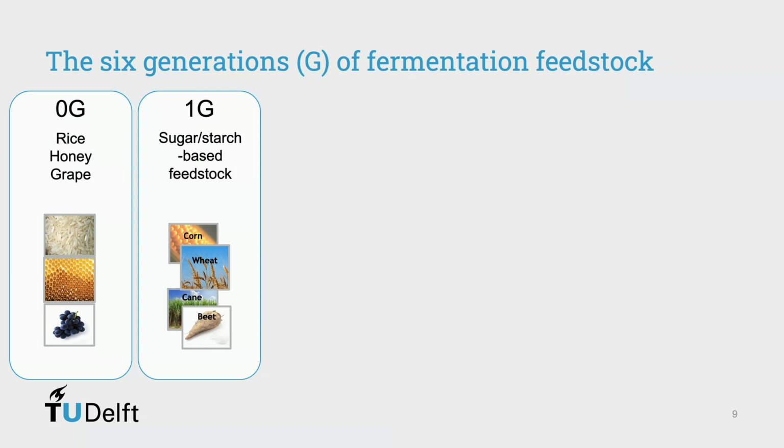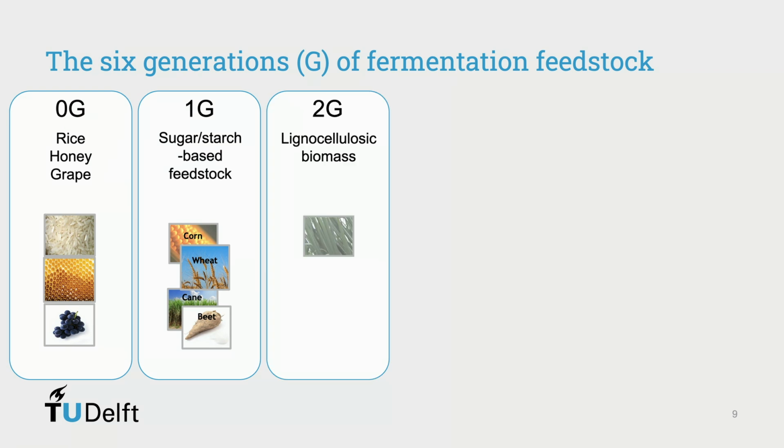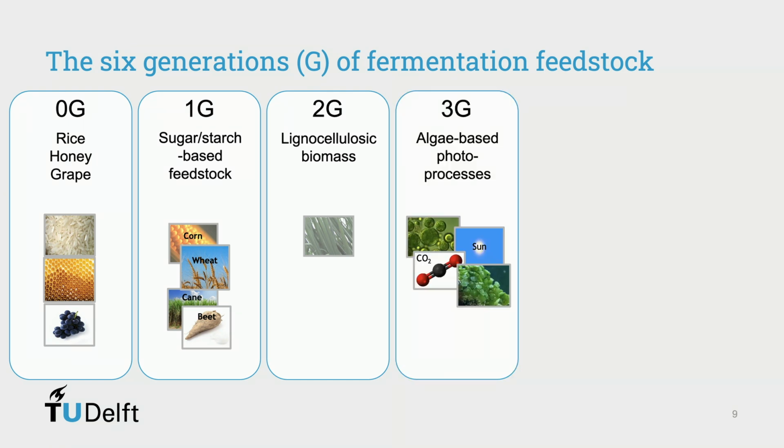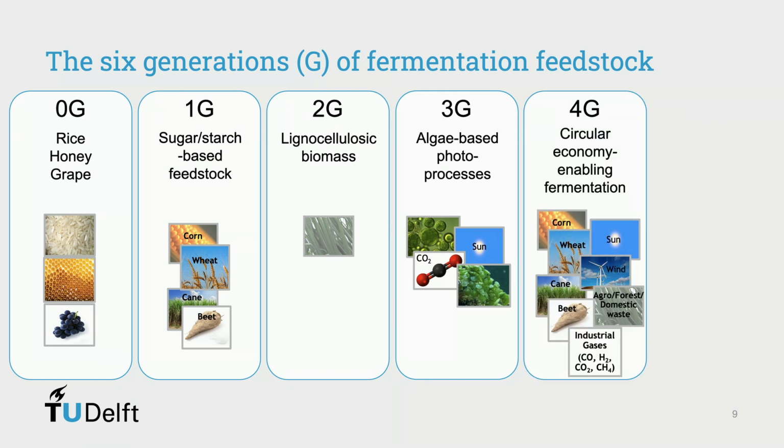Generation 1 is based on sugar and starch, the most widely used feedstock in industrial biotech processes. Generation 2 corresponds to lignocellulosic biomass with some industrial facilities running, while Generation 3 relies on algae-based phototrophic processes.